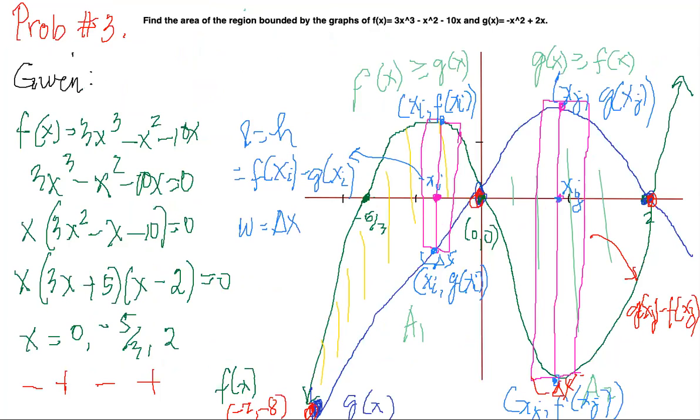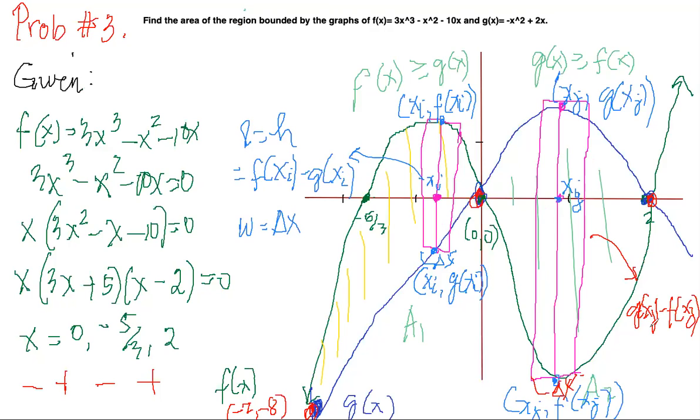Okay, now let's work on area 2. Area 2 is equal to length times width, the delta of area J. Let's go back to the region.